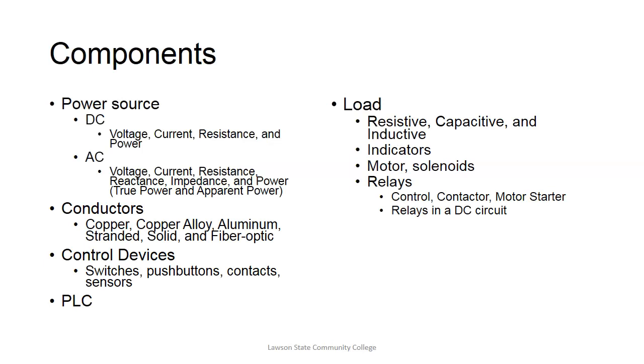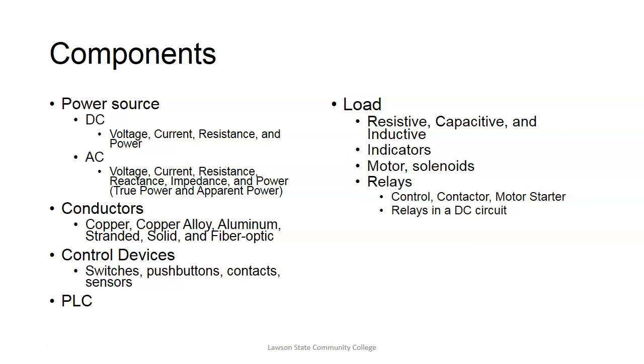So we'll start off with electrical, and most of y'all have had this because DC is the prerequisite for the class. I think some of y'all have even had solid state, and some have even had digital already. So basically, the components. First of all, we need to understand that we've got two different power sources. We've got DC, which stands for direct current.